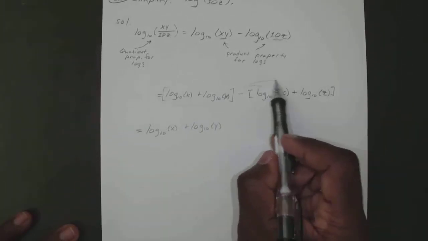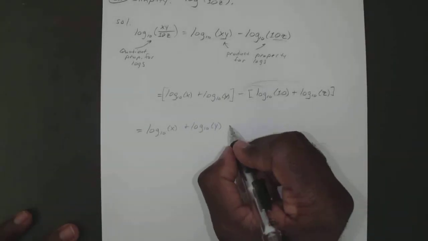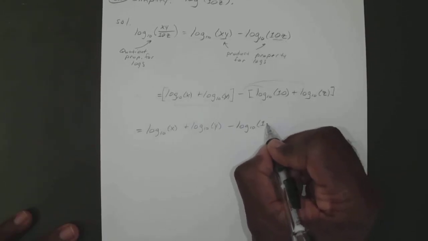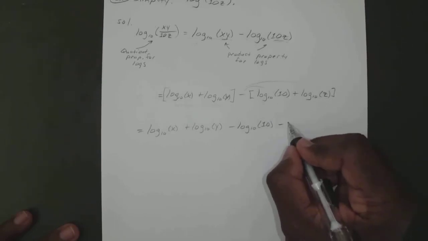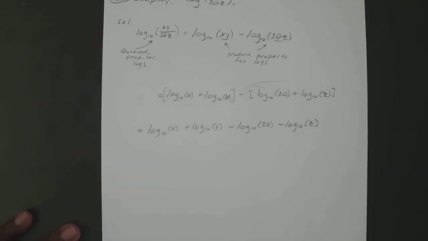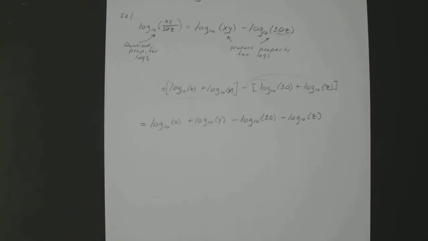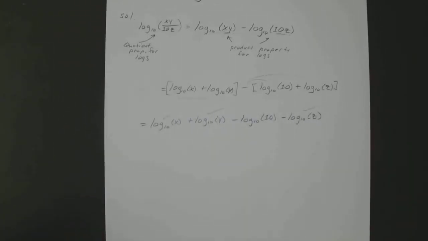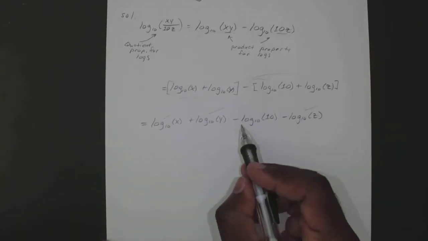If we distribute our minus, log base 10 of 10 minus log base 10 of z. Now these three, once again, you can't really simplify those at all. But this one, you can.